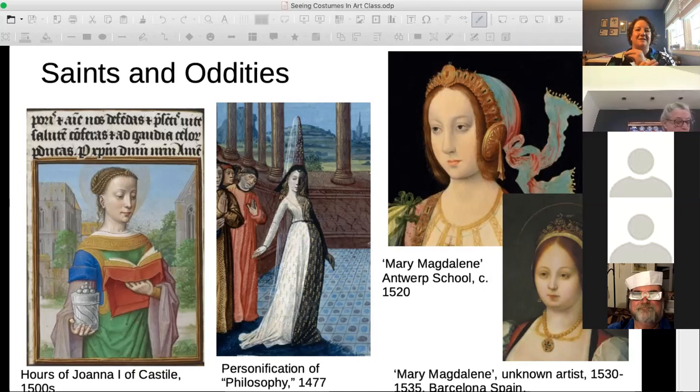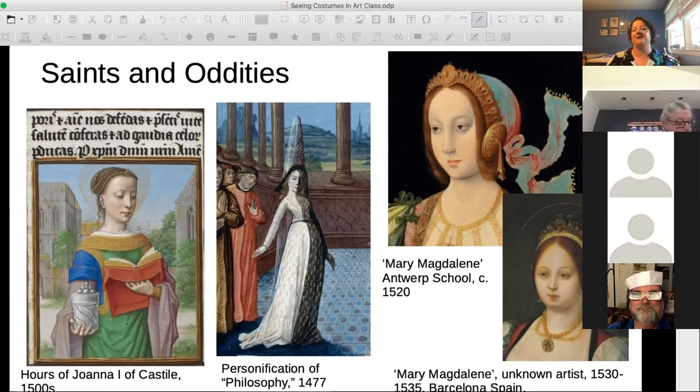I've never found someone wearing that many layers in that configuration before. Because we know this was a religious text and she is a saint, you can tell because of the halo, probably apocryphal dress.